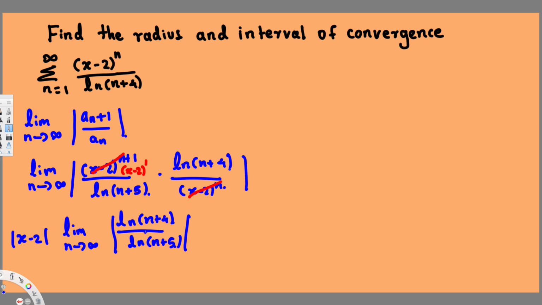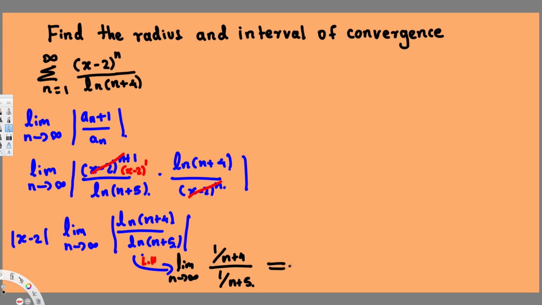So we have to use L'Hopital's rule. Now let's go ahead and use L'Hopital's rule right here. If we use L'Hopital's rule for this one, the derivative of this one is going to be 1 over n plus 4, over the derivative of the denominator, limit n approaches infinity, 1 over n plus 4, and then we have 1 over n plus 5, and then we have to just flip it, right?